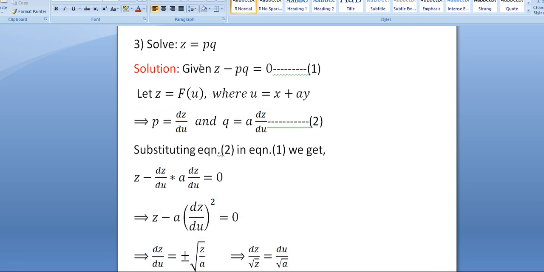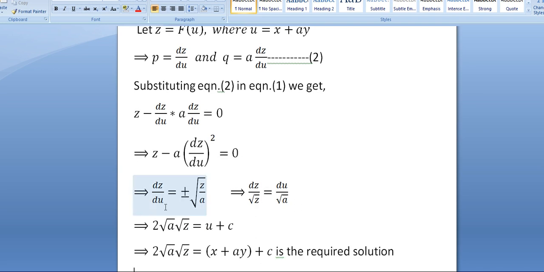Solve z is equal to pq. So z is equal to f of u, where u is x plus ay and p is dz by du and q is a dz by du. When you notice here, I am getting z minus dz by du into a dz by du is equal to 0. So z minus a times dz by du whole square is equal to 0.